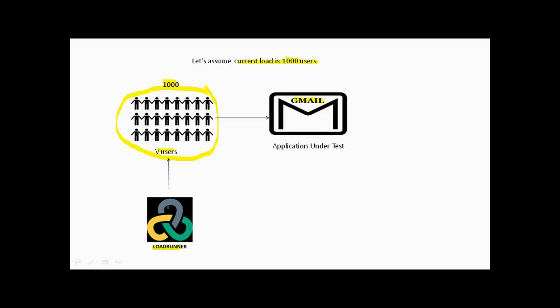We had Loadrunner create these 1000 virtual users and have them use the Gmail application. Now the Gmail application is loaded with 1000 users. While it is being loaded, application performance needs to be checked to see if it is fast enough. This is nothing but testing for speed when it comes to performance testing.